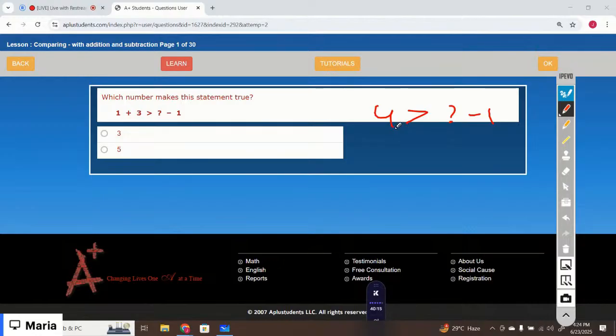So what number minus 1 is less than 4? 4 is greater than 3 minus 1, so 4 is greater than 2.